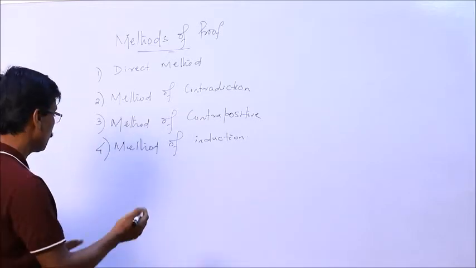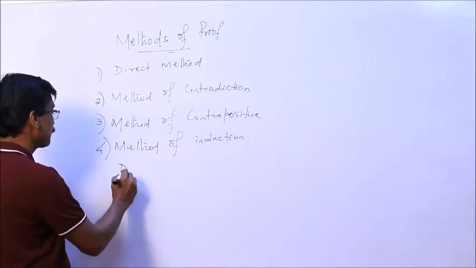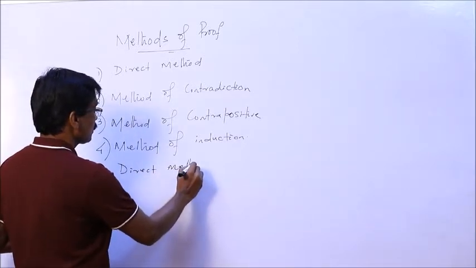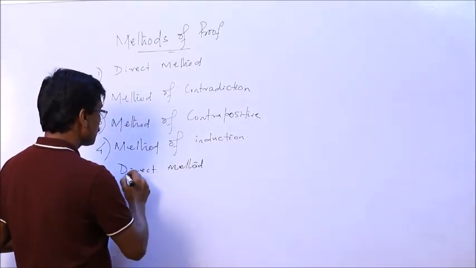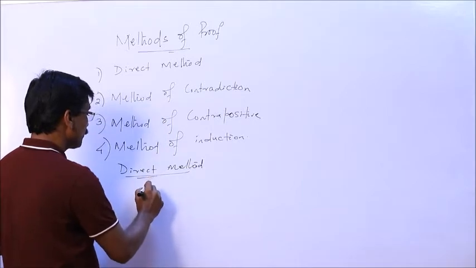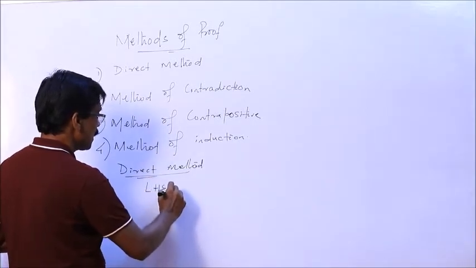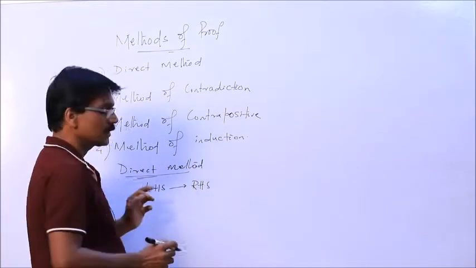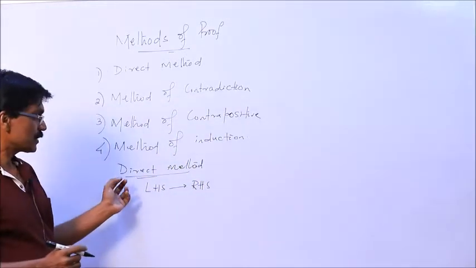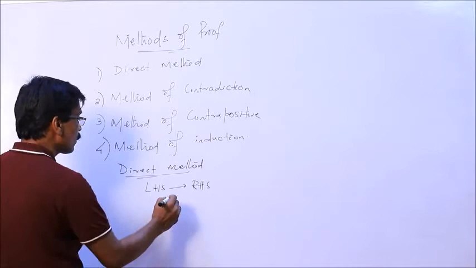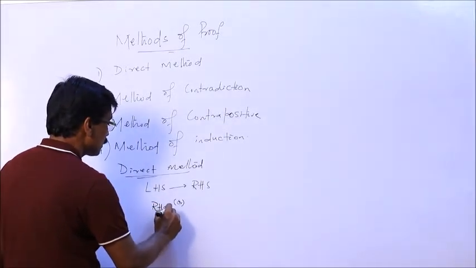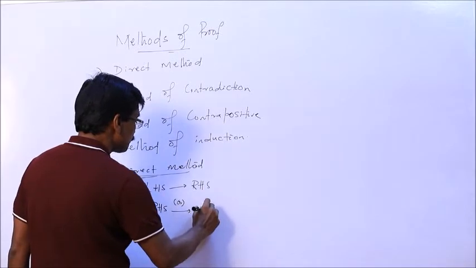So coming to the first, that is called the direct method. In the direct method we start from LHS and prove to RHS, that is from LHS to RHS or from RHS to LHS.